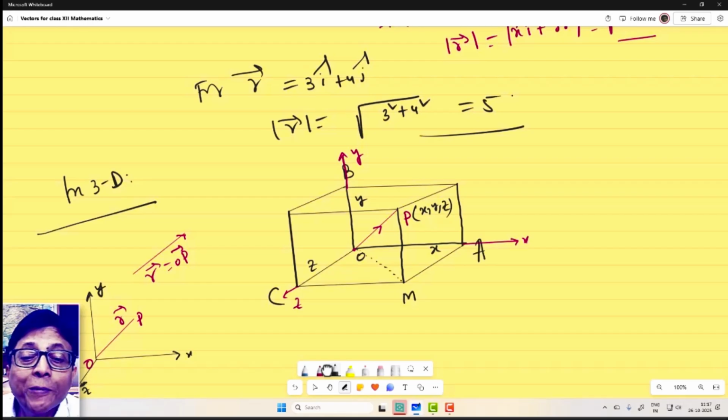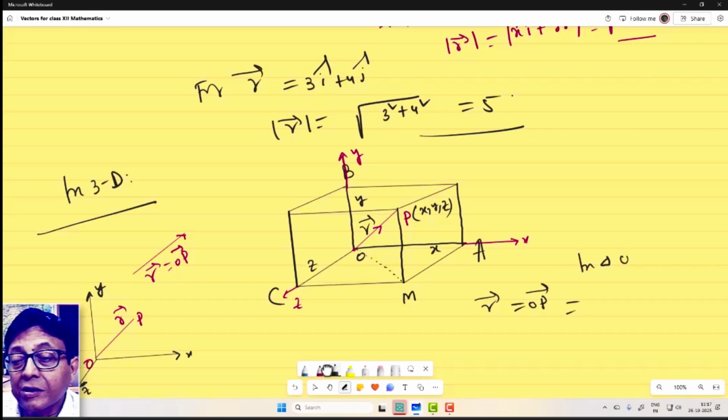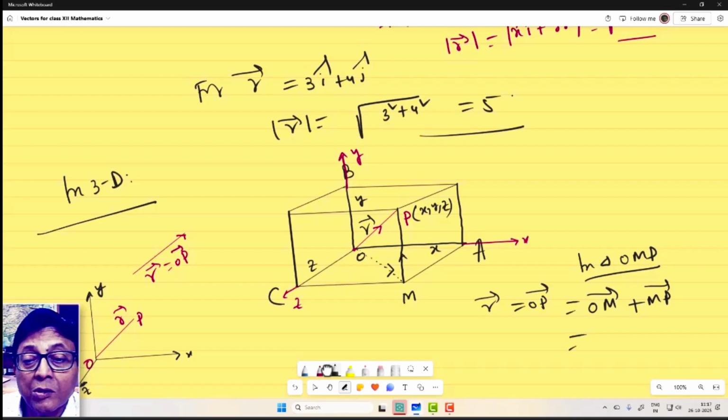Now this OP equal to r you want to represent in 3D. In triangle OMP, r equal to OP, this is OM plus MP. OM is what? OM is OA plus AM.